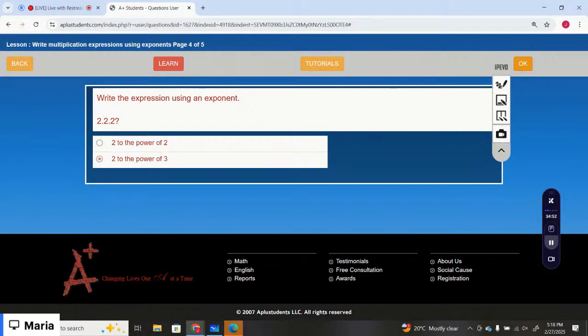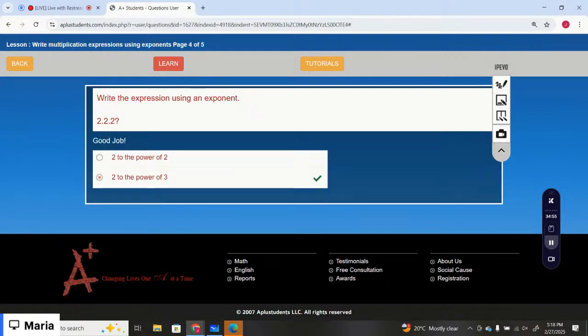That is 2 to the power of 3. Option number 2 is the correct option.